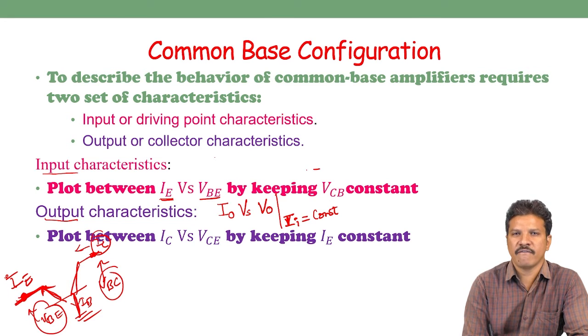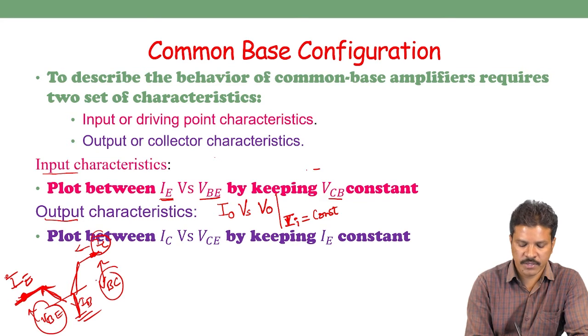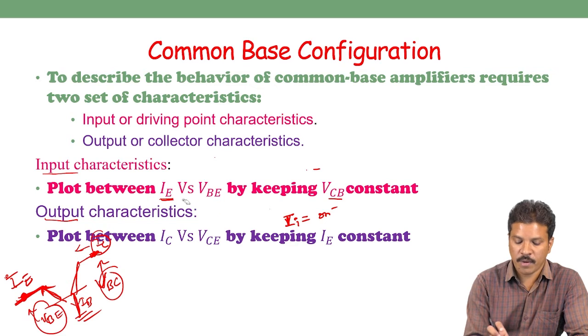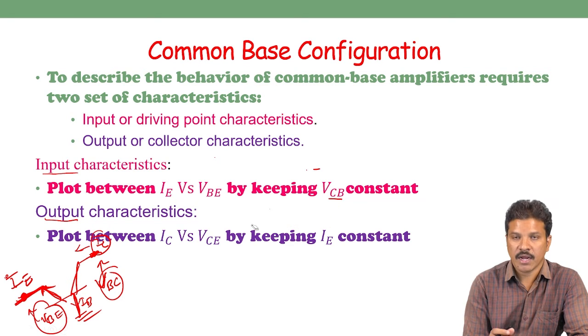So it is a graph between IE and VBE by keeping output voltage constant. What is output voltage? VBC, the voltage between collector and base, VCB or VBC, no problem. So it is a plot between IE and VBE by keeping VCB constant.